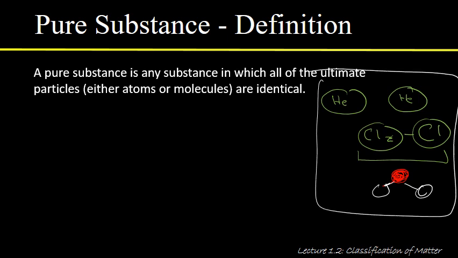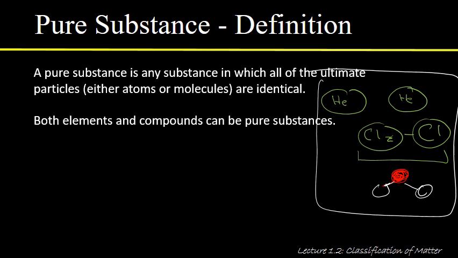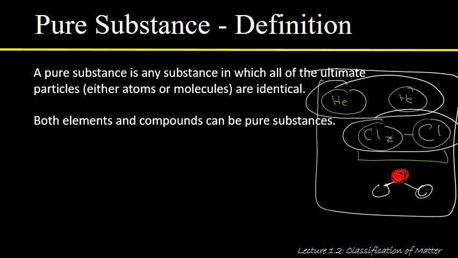And if all of the ultimate particles are the same, then the substance is a pure substance. Okay, and a pure substance can be either an element, like here with helium, or here with chlorine, or a pure substance can be a compound. Doesn't matter. It can be either, as long as the ultimate particles are the same.